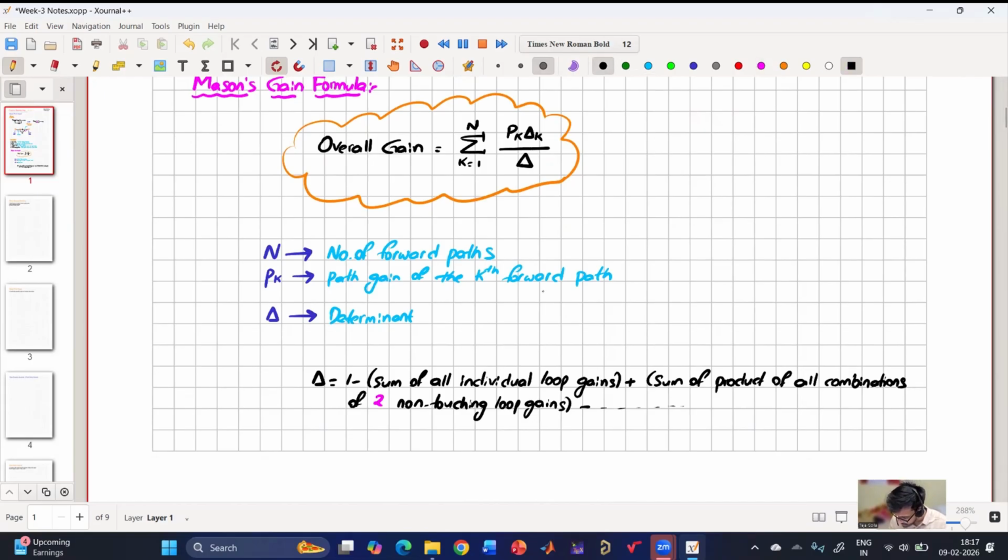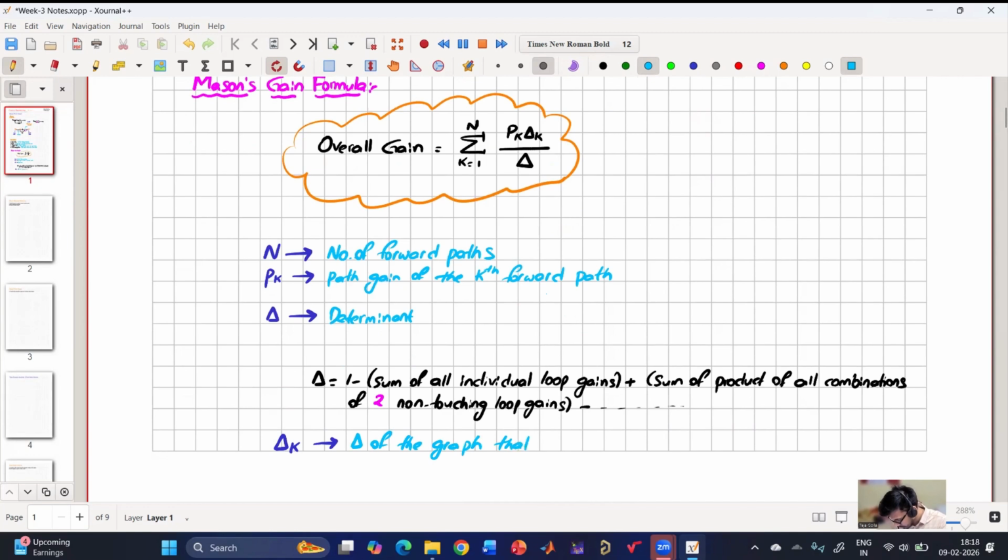And delta k is delta of that part of the graph not touching the kth forward path.